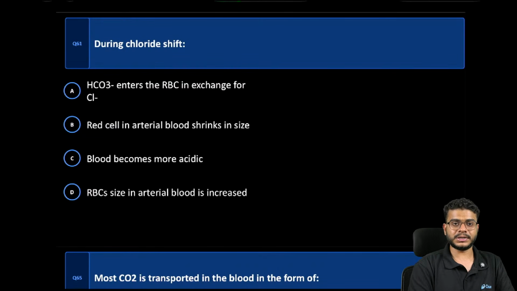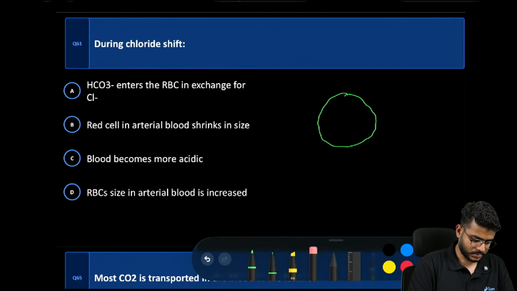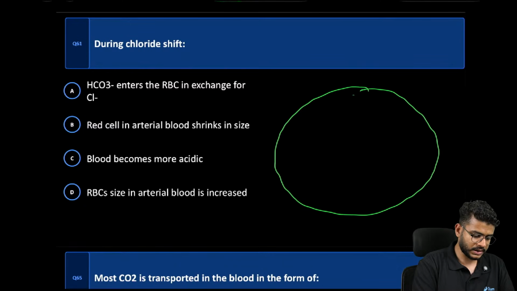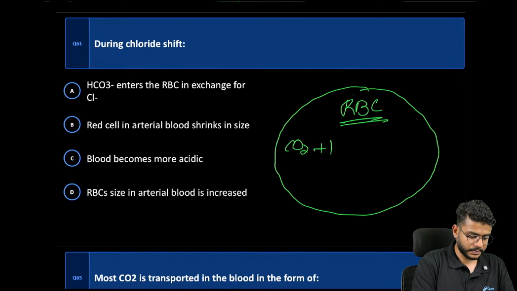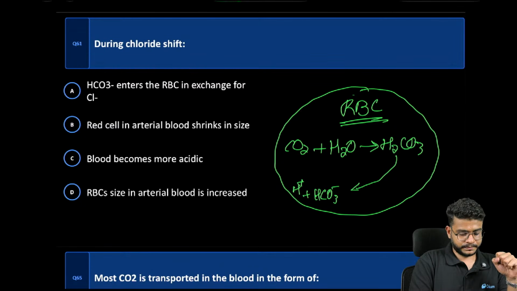At the tissues, when the carbon dioxide produced by the tissues enters the blood, the carbon dioxide enters the RBC, where it combines with water to form carbonic acid, which dissociates into H plus, hydrogen ion, and HCO3 minus, bicarbonate, with the help of carbonic anhydrase enzyme.